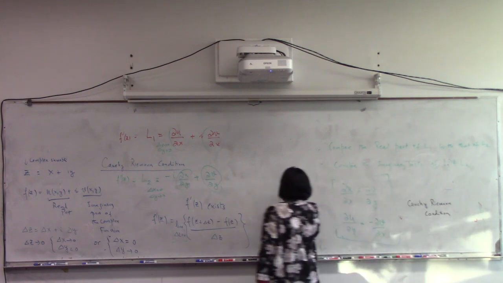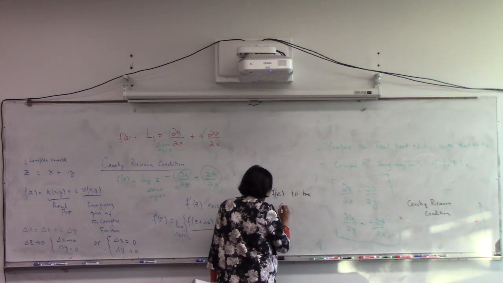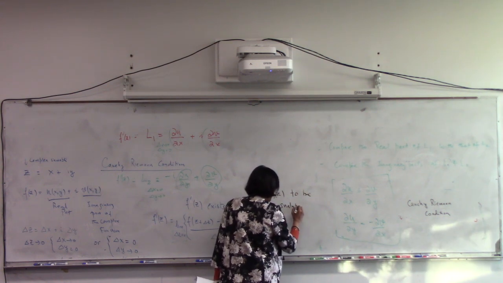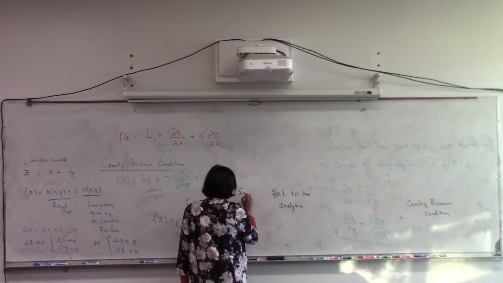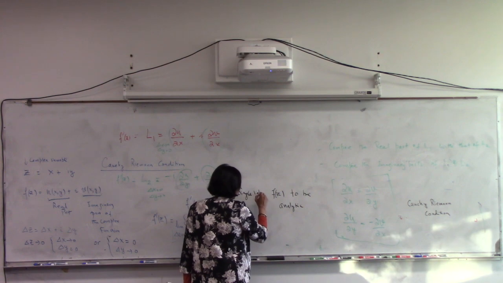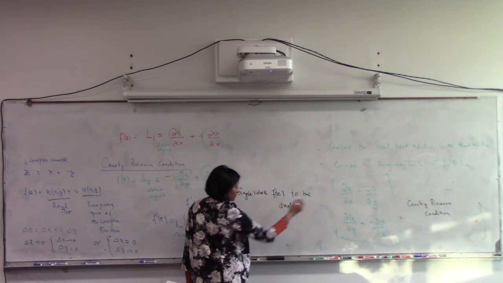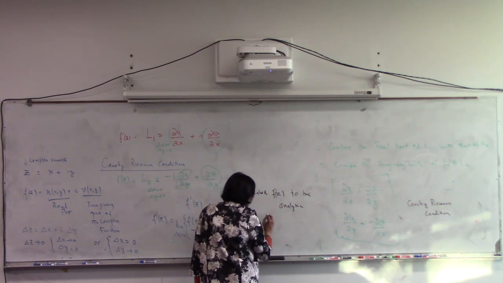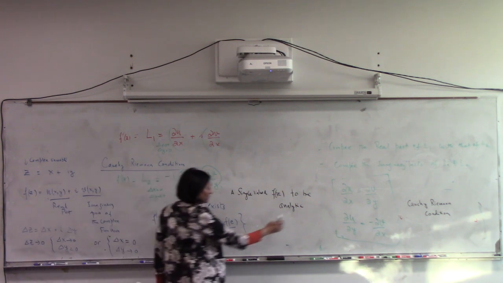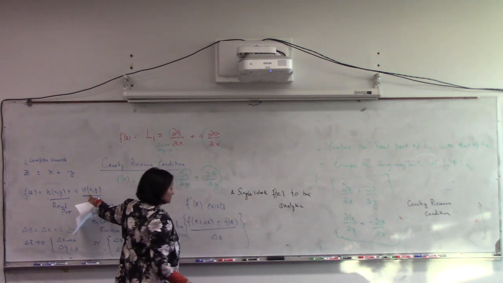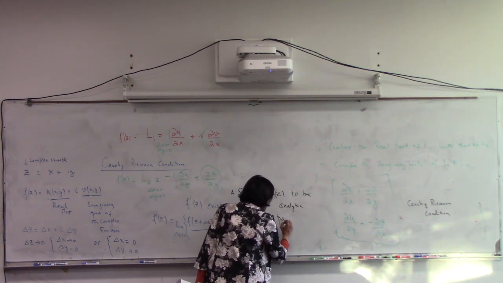That is, for a single valued f of z to be analytic, all these derivatives must exist. Okay, u and v are the real and imaginary parts of your complex function, so all partial derivatives must exist.